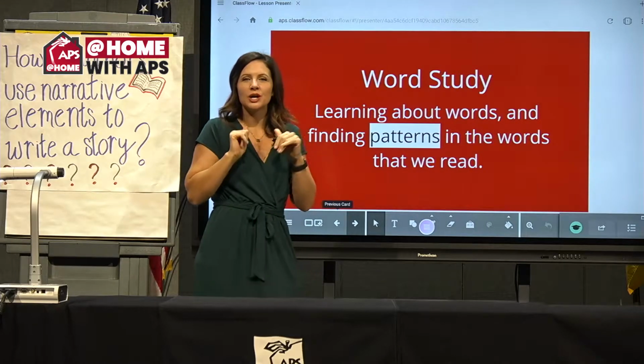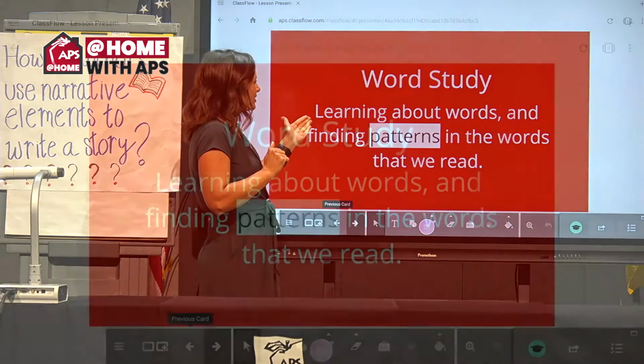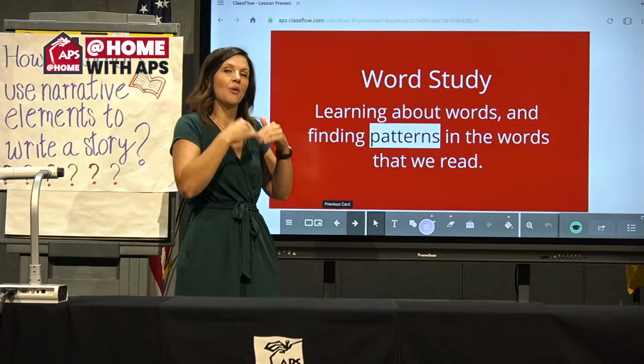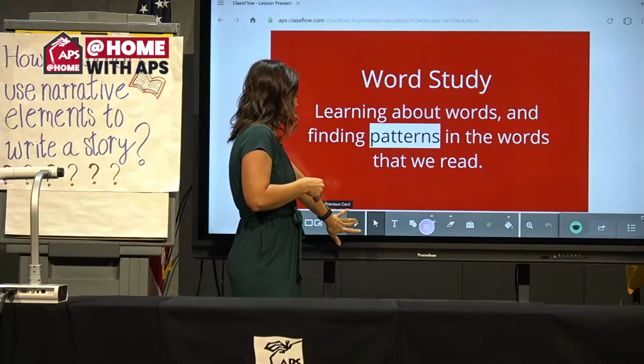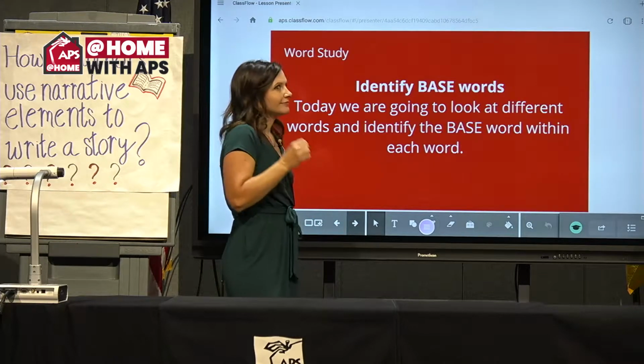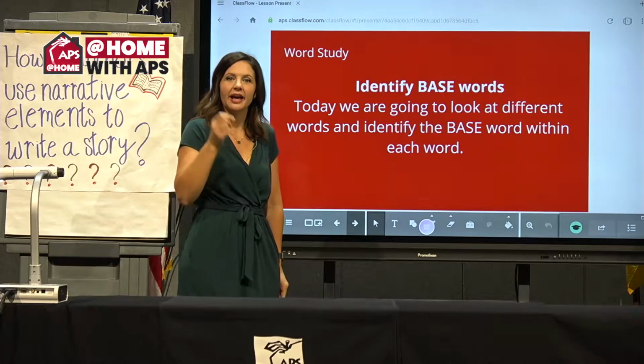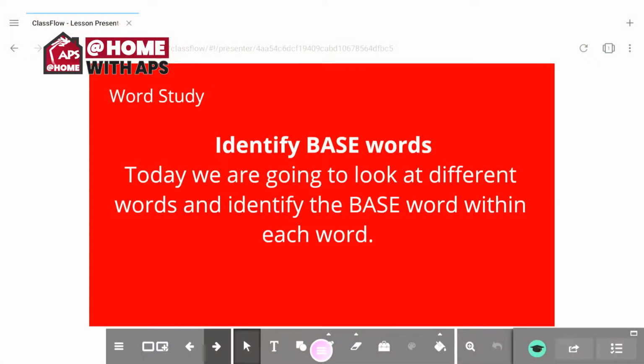Alrighty, friends, word study. Word study means learning about words and finding patterns in the words that we read, patterns in the words that we speak, patterns in the words that we write. We're looking for patterns when we're doing word study. Today's focus: identify base words.